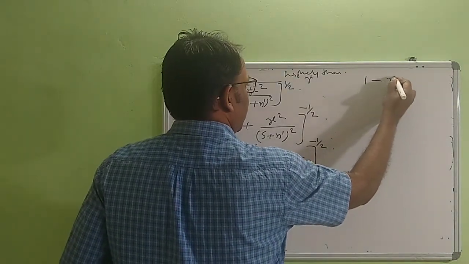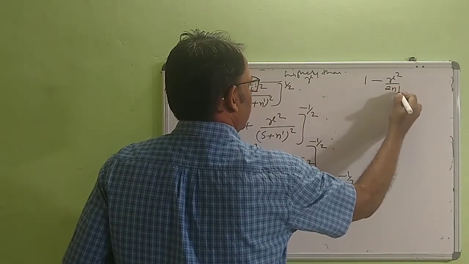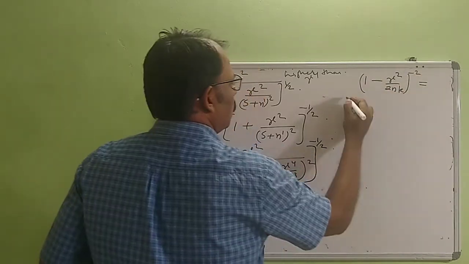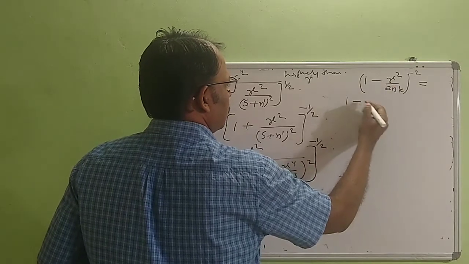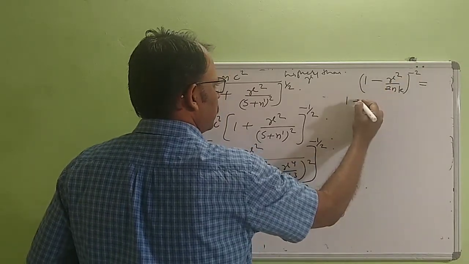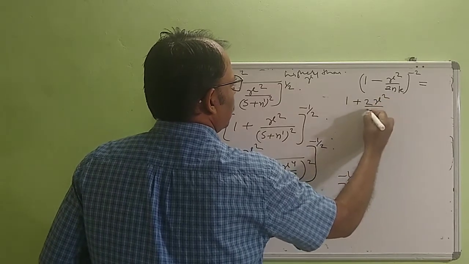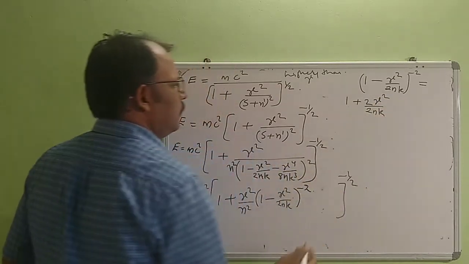Expand that. 1 minus gamma square by 2nk, the whole raised to minus 2, is equal to 1 minus 2, so it is plus 2 gamma square by 2nk.